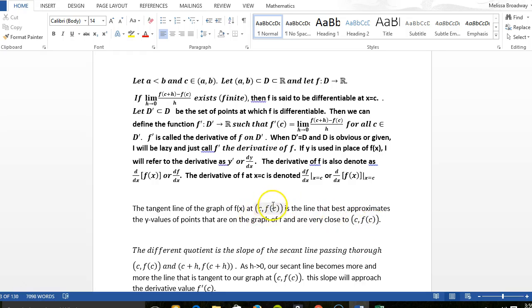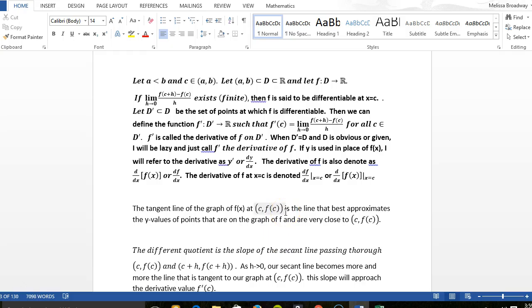Okay, so for points that are on the graph and are very close to c, f of c, the tangent line is the line that passes through c, f of c that does the best job of approximating the y values of those nearby points.